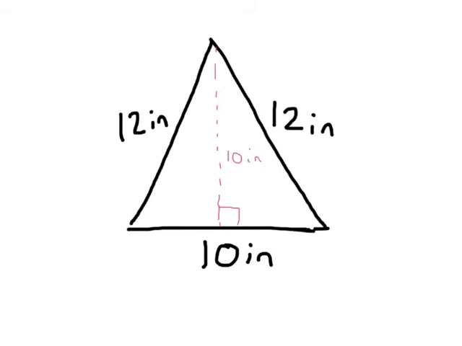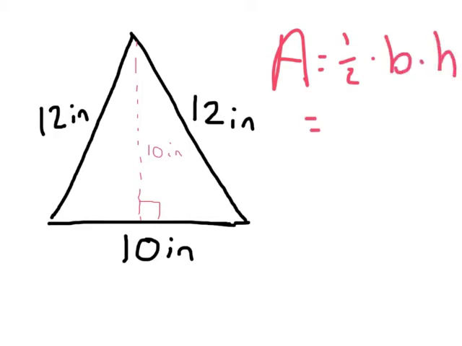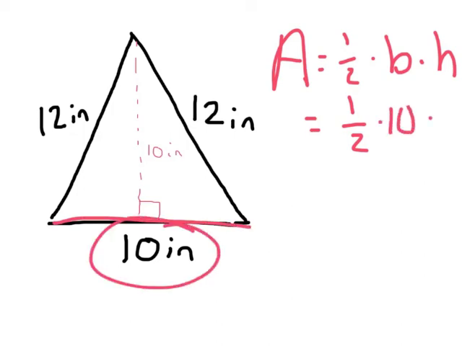Here's another one. To find the area of this one, same rule. Area equals 1/2 times the base times the height. So we have 1/2 times the base. Which one do you think the base is? Well, that's going to be this bottom side, 10, times the height.